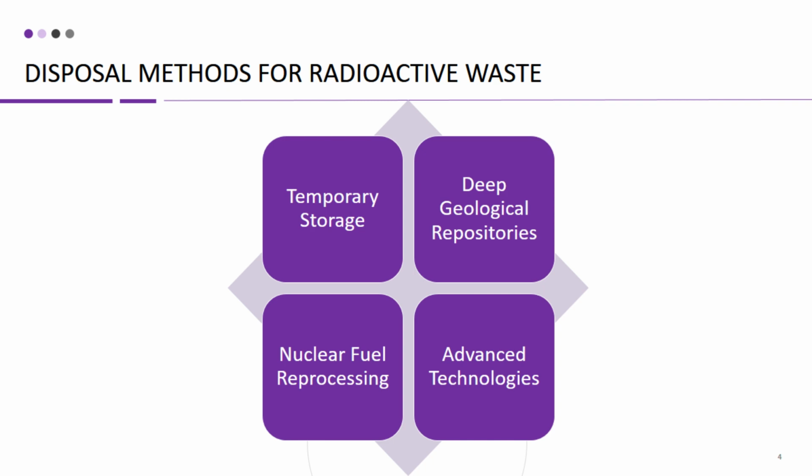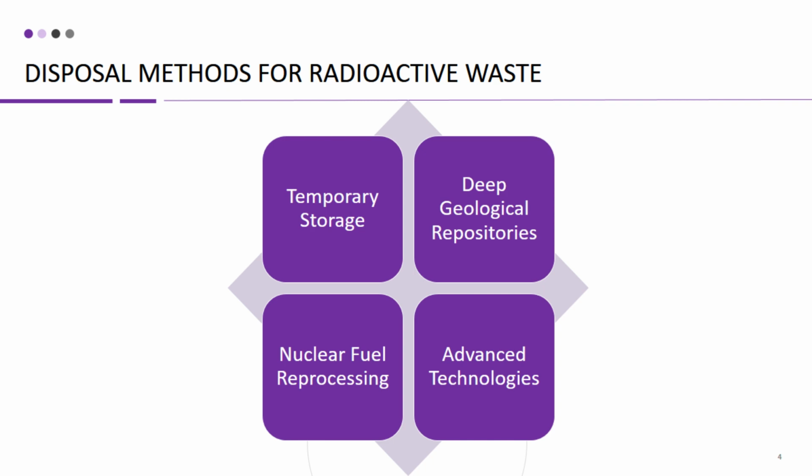Temporary storage facilities are typically located at the site where the waste is generated, such as nuclear power plants, medical facilities, or research institutions. The waste is packaged in specially designed containers that are designed to prevent leaks or releases and monitored regularly for any signs of degradation or contamination.